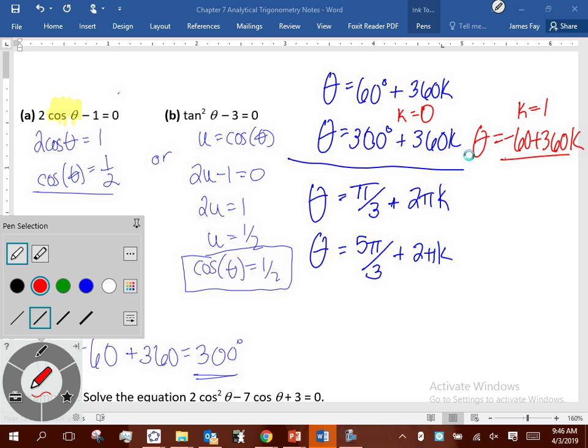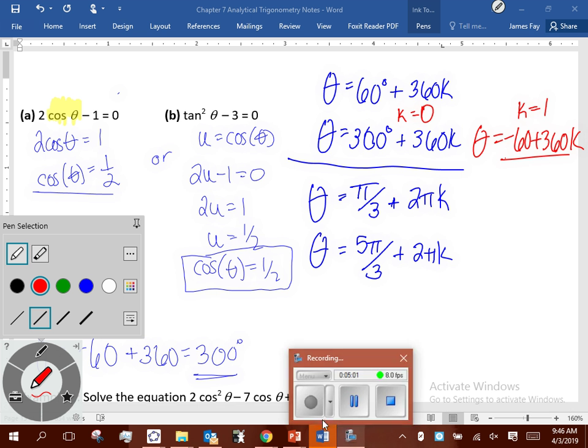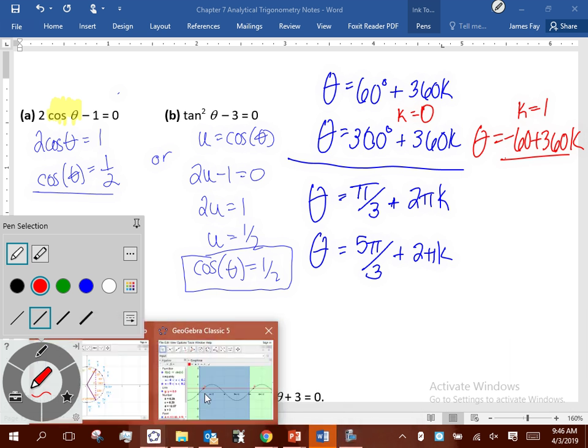My hope is that we write the blue one, start off with the smallest positive angle first, and then add your 2 pi k or 360k. But if you wrote this one, there's nothing wrong with it. But if they ask for the finite solution, go back to this.